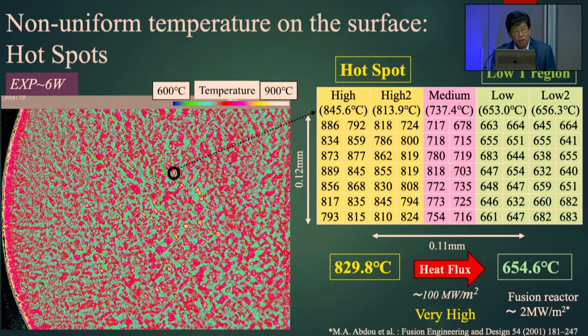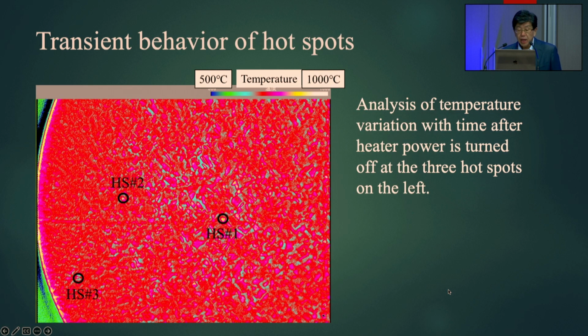For example, the first wall of a hot fusion reactor is usually 2 megawatts per square meter, so this heat flux is enormously high. Next, I will show you the transient behavior of these hot spots, presenting the analysis of temperature variation with time after the heater power is turned off.